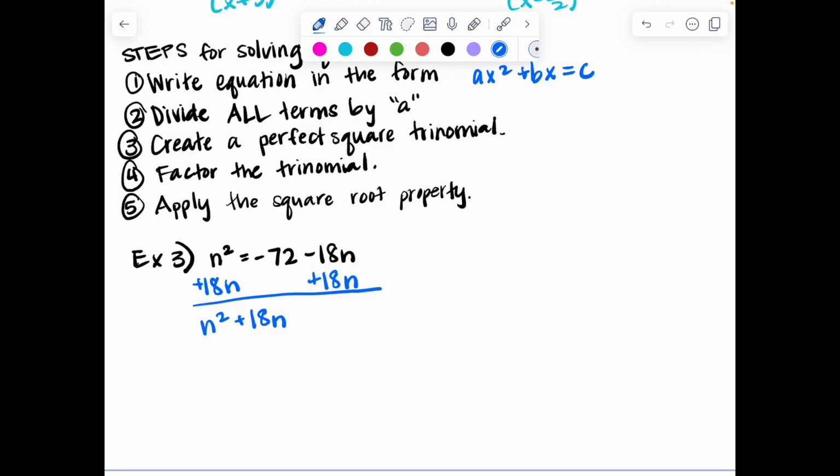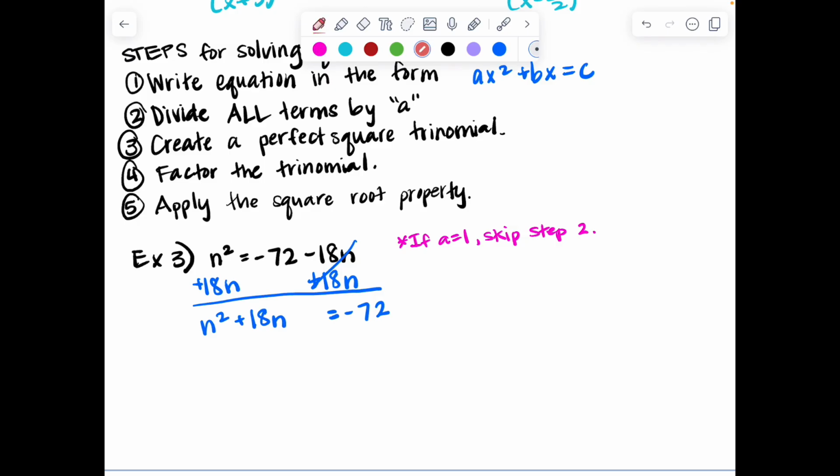And I'm going to leave a space, because I'm going to be adding something. So this cancels out. I have -72 on the right. So I actually can skip step 2 because a equals 1. If a equals 1, skip step 2 because we don't need to divide everything if a is 1.